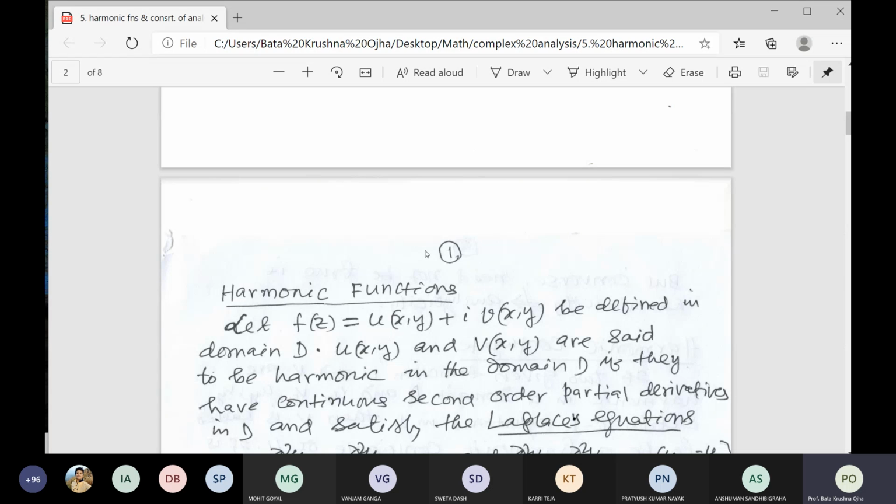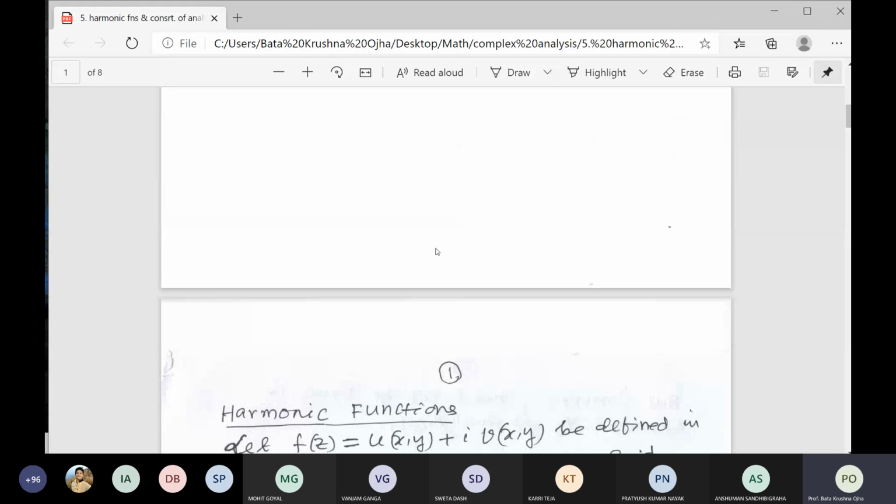Similarly, if u is a harmonic function, it must be the solution of a Laplace equation, where u is a function of x and y. So that is harmonic functions.